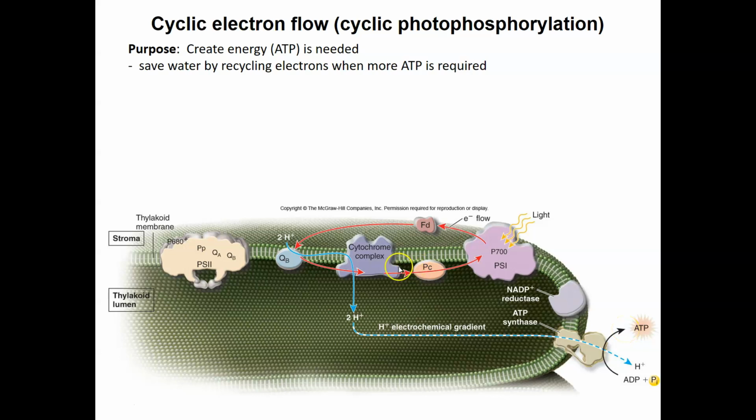So in effect, when you do cyclic electron flow, it results in the synthesis of only ATP, whereas when we did the non-cyclic electron flow, going from photosystem 2 to QB, cytochrome complex, PC, photosystem 1, ferredoxin, and then the NADP plus reductase to form the NADPH, that would result in the formation of NADPH as well as ATP.